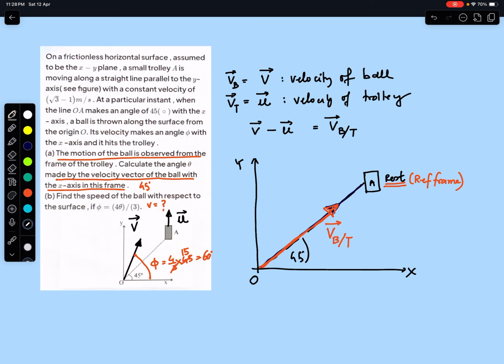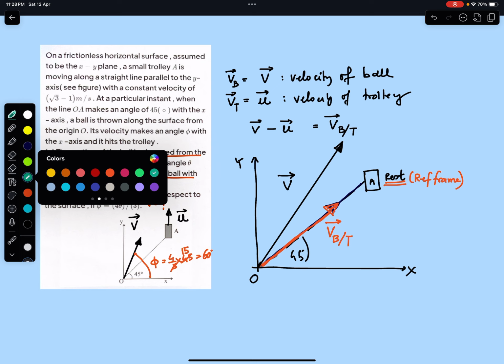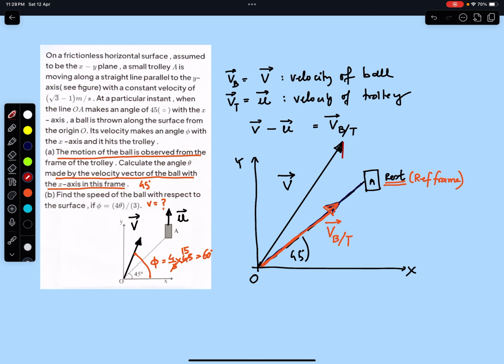Now we can draw this velocity vector V, and we have this equation, V minus U. U is along the y-axis, so minus U will be along the negative direction of the y-axis.